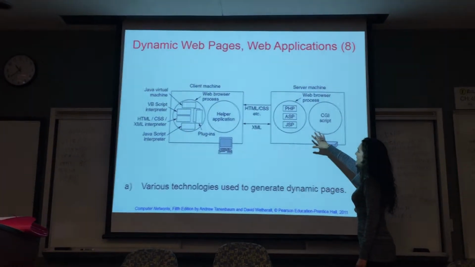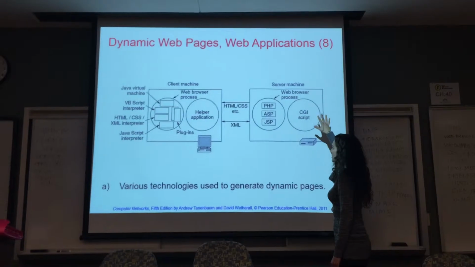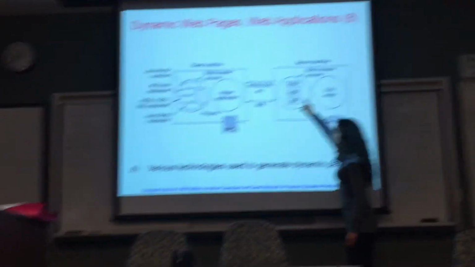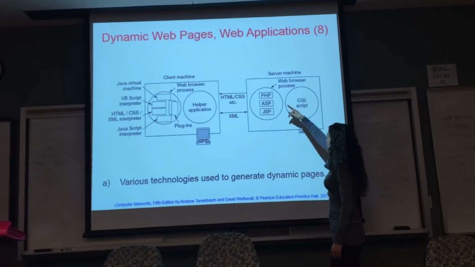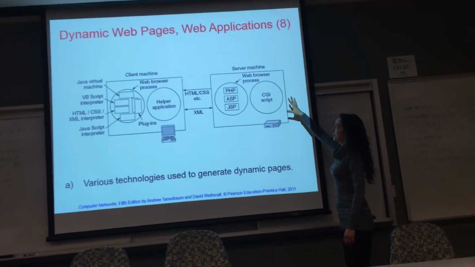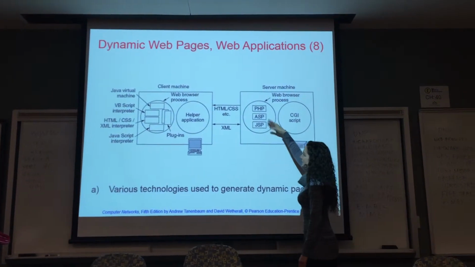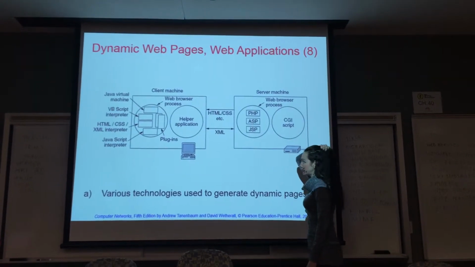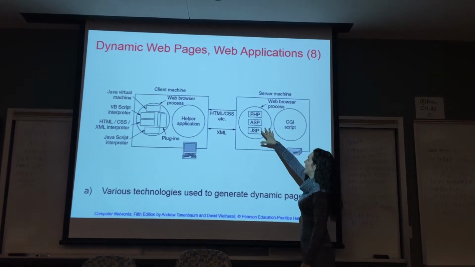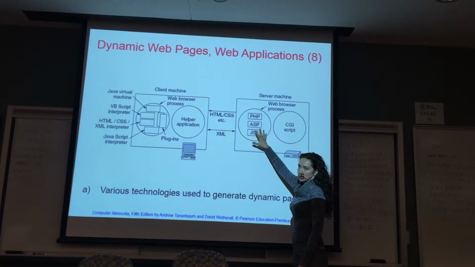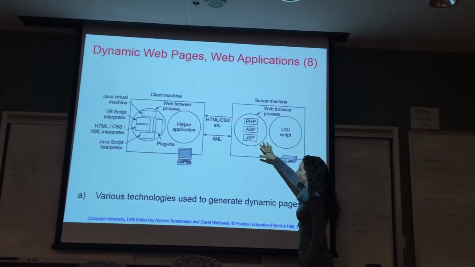So we do have some server extensions such as Java server pages, active server pages, PHP, and other things that can be loaded as extensions on the web server to process this type of code. So these are server-side dynamic pages.